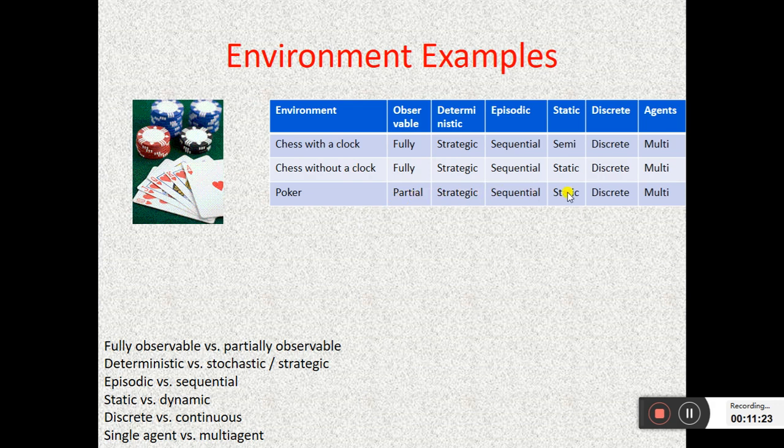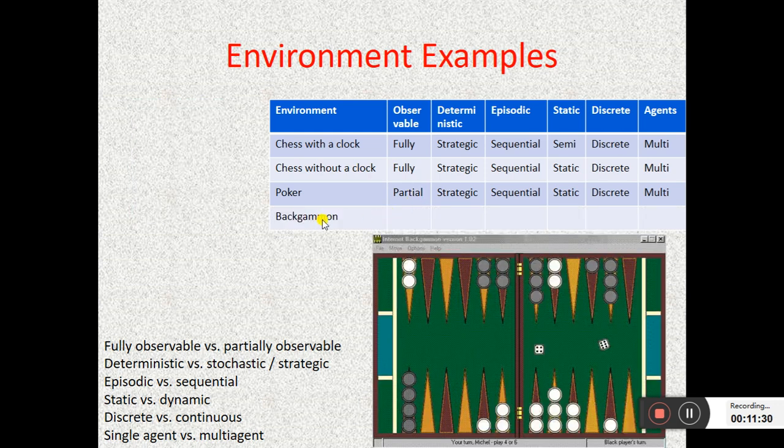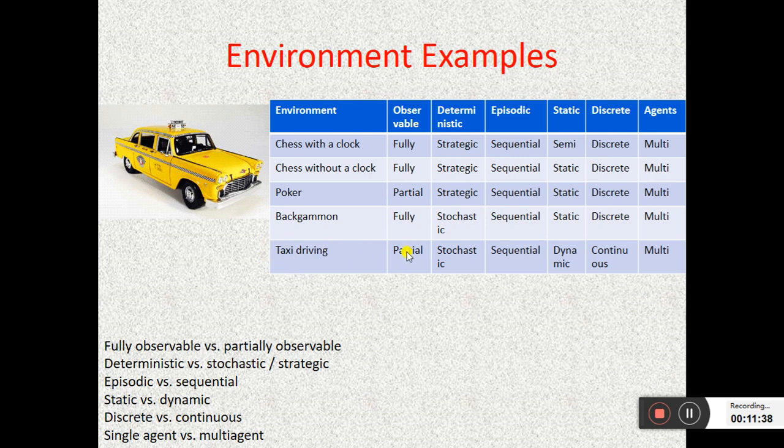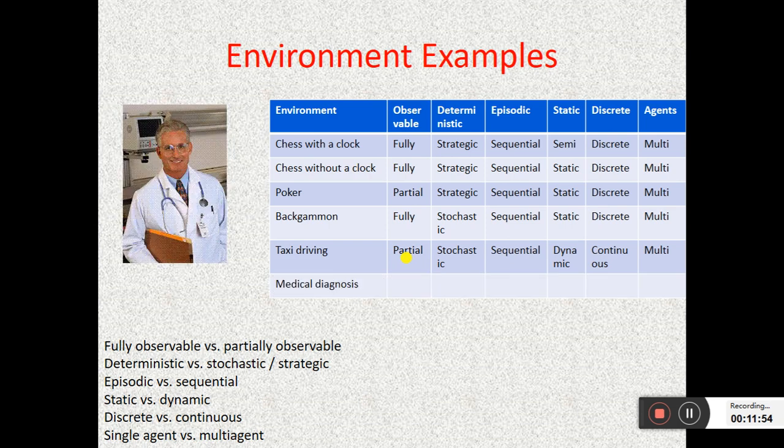You can revise these properties of environment. As you can see in the backgammon, taxi driving example. So these are the important questions of paper point of view.